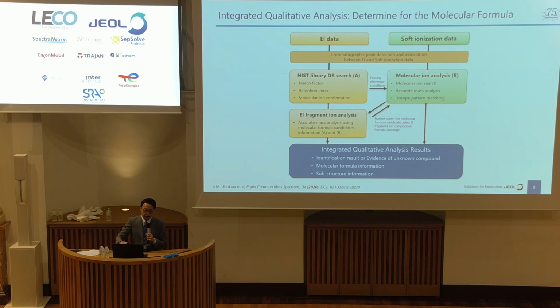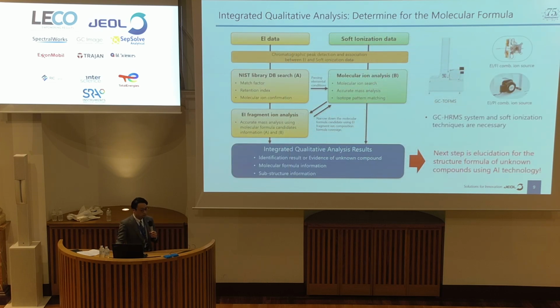After this workflow, if your compound is listed in the NIST database, it's okay. We can still have very high confidence from the soft ionization data also. But if your compound is not listed in NIST, we can get the chemical formula, and also the fragment ion formulas from this workflow.